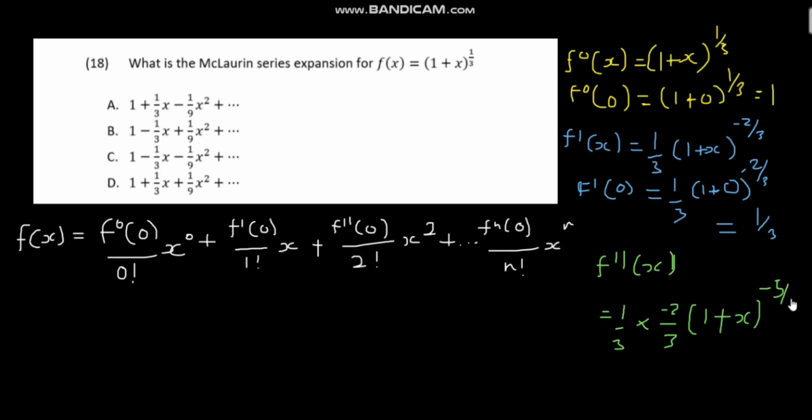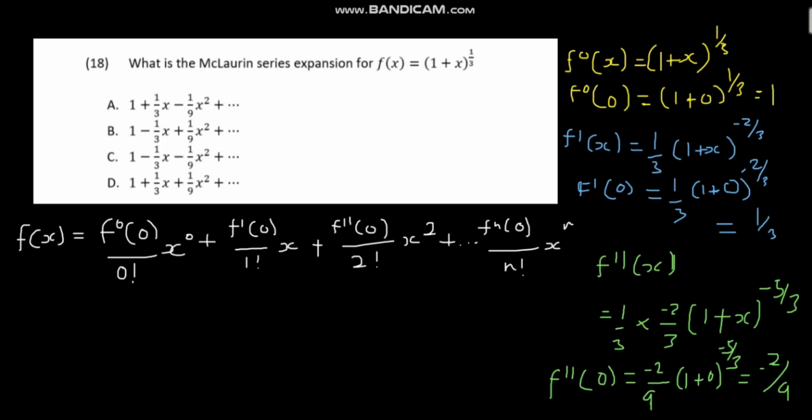Now let's find the second derivative of the function at 0. That will be minus 2 over 9 in brackets 1 plus 0 to the power of minus 5 over 3, and this will be equal to minus 2 over 9.